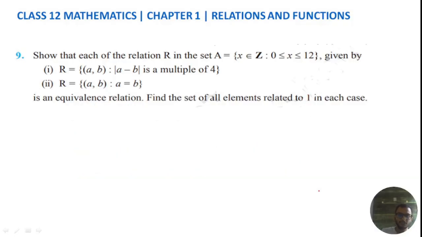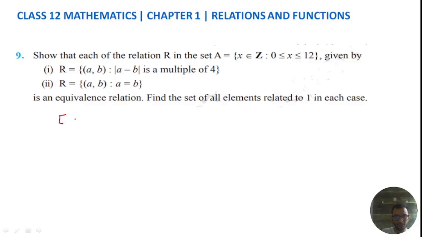Now what is it further saying? We need to find the set of all elements related to 1 in each case. In the introduction video I had given the definition of equivalence class. When the relation is an equivalence relation, for every element from the universal set we can find an equivalence class.